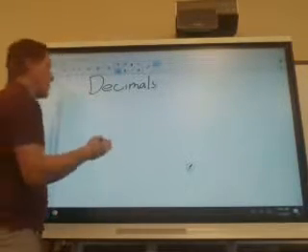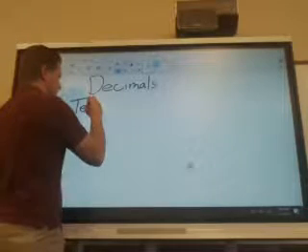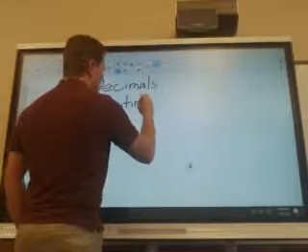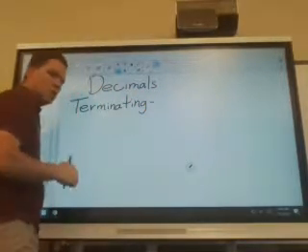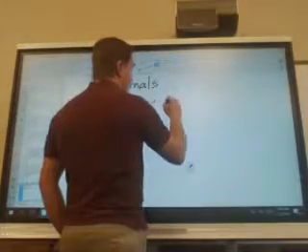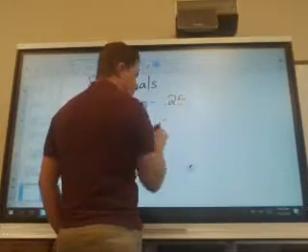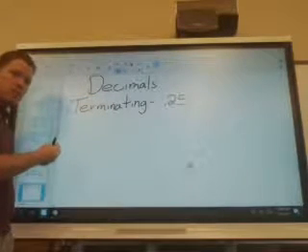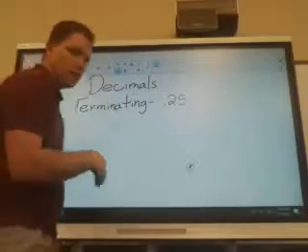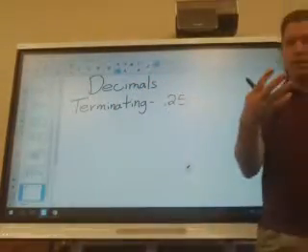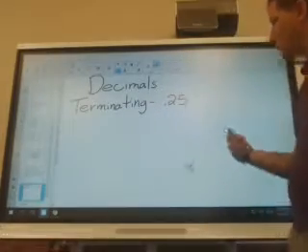The first one that we have, terminating. Terminating decimals, terminate means to end, okay? So things like 0.25. These are very nice ones that, in and of themselves, easily convert into fractions, okay? I'll give you a nice website as well for some of that converting.